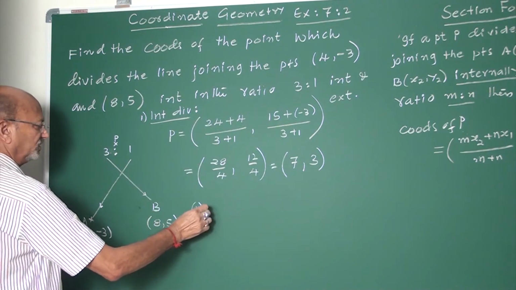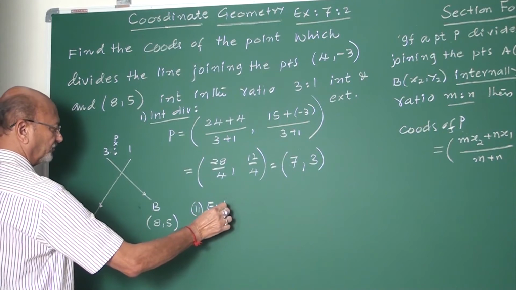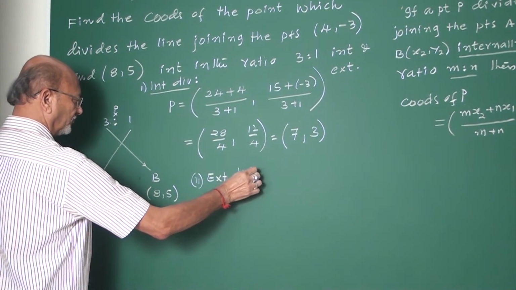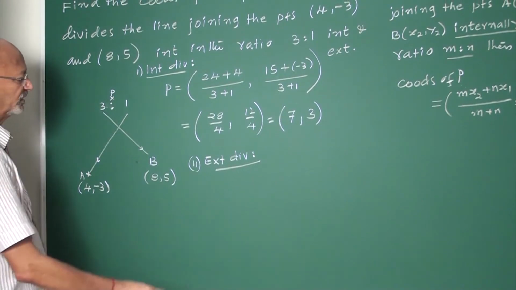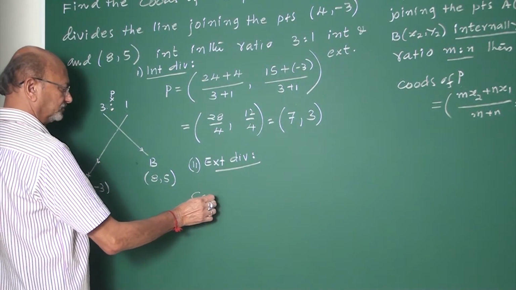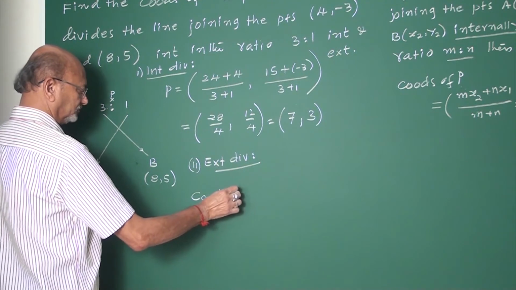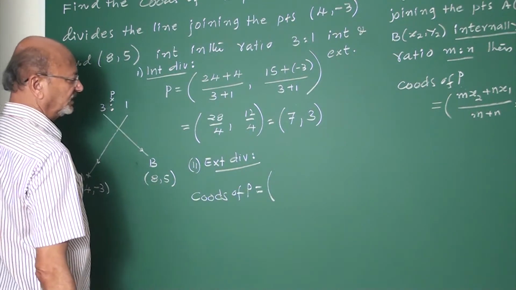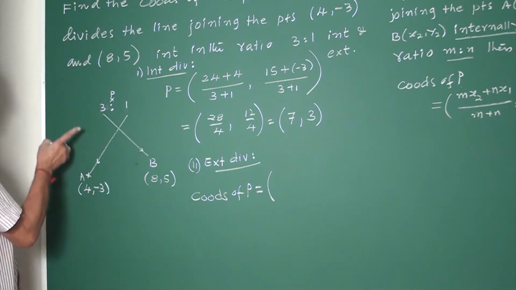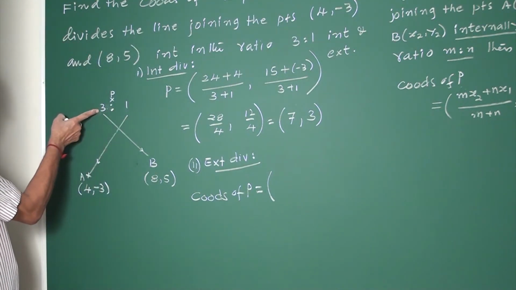Second, the same with external division. Coordinates of P. Yes, external means minus. See, my friend.